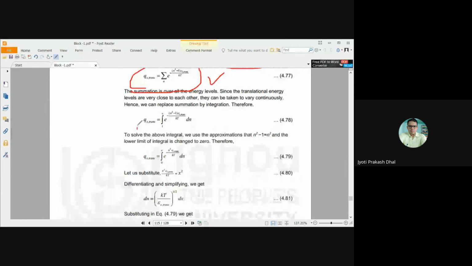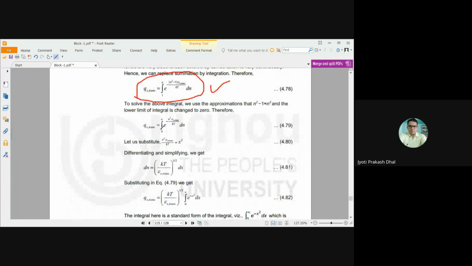Similarly, qx translational equals the integration of e to the power minus (n square minus 1) whole into epsilon 1 translational divided by kT dn. To solve this integral, we use the approximation that n square minus 1 is similar to n square, and the lower limit of the integral changes to 0. Therefore, the value will become like this.